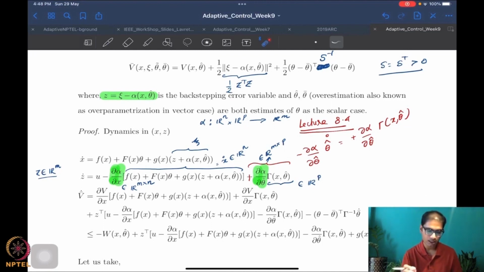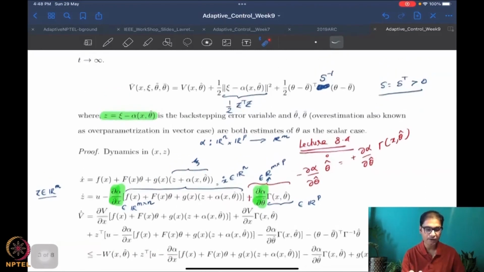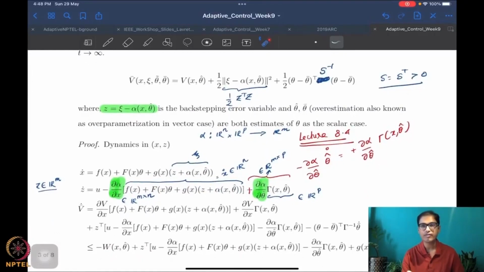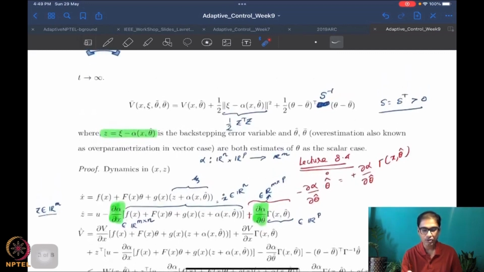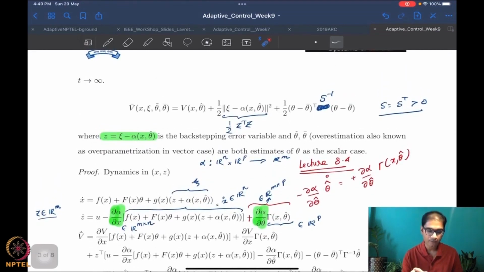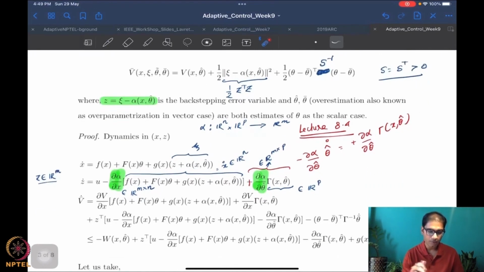Okay, great. So let's take the derivatives for this v bar in order to prove that this in fact helps us claim that our w goes to 0 and our psi goes to alpha and all that nice stuff. Okay, so this is the dynamics.